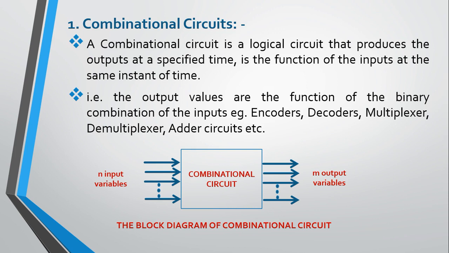Now let me read out these two points which are there on your screen. A combinational circuit is a logical circuit that produces the output at a specified time. It is the function of the input at the same instant of time. So the combinational circuit is a combination of logical circuits which produces output, and this output is produced at a specified time as a function of input at the same instant.